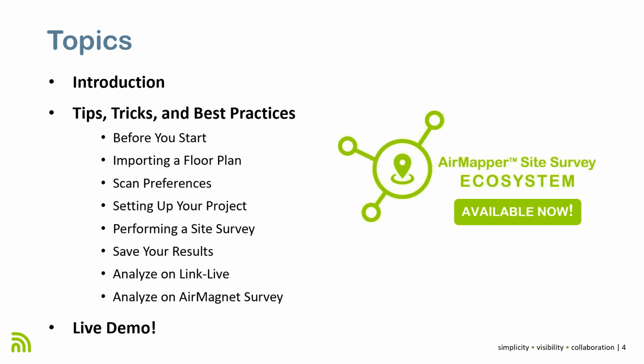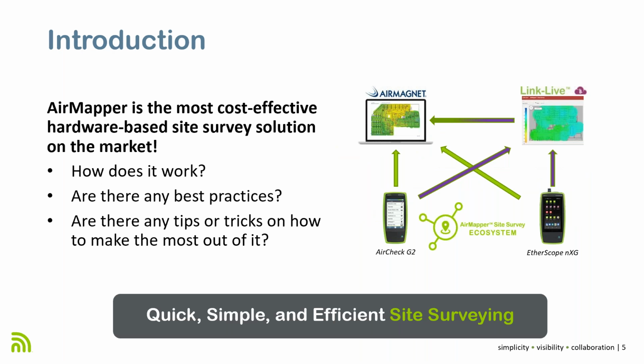So first, let's get started here. You may be wondering, what's this session about? Well, it's not like a user guide. We're not going through all the details on how AirMapper works. Today, we'll mostly focus on best practices, little tips or things you may not know about that are available or that you can do using AirMapper Site Survey.